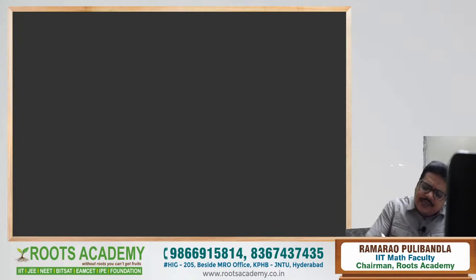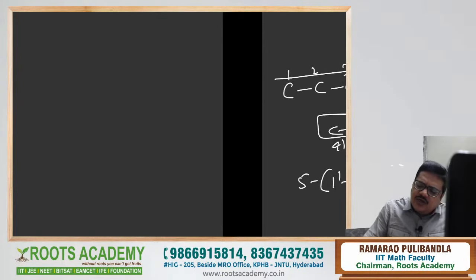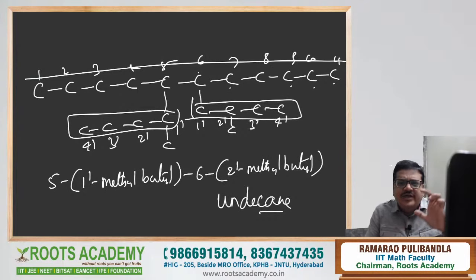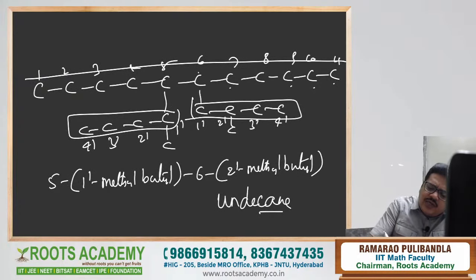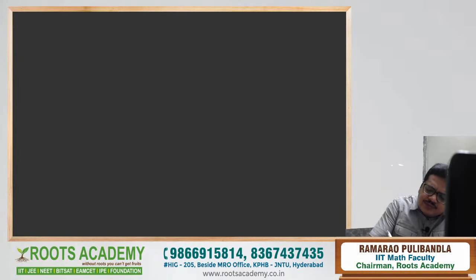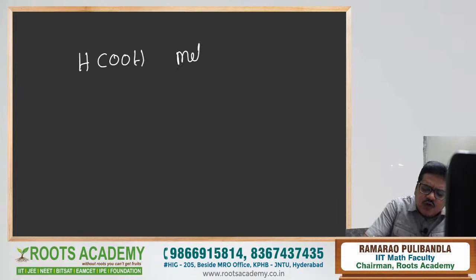Now, this is about the naming of saturated compounds having a branch with another branch. Now I want to do another naming. If a carbon compound is having HCOOH, this is called methanoic acid.